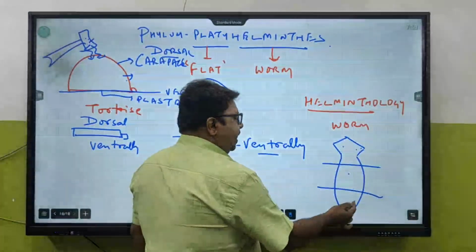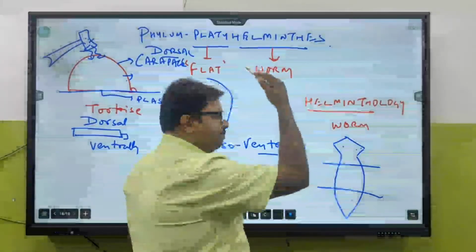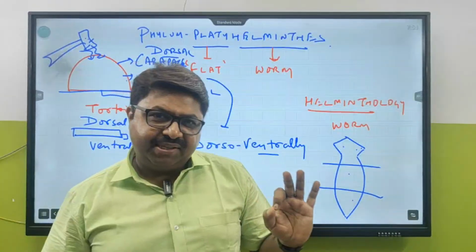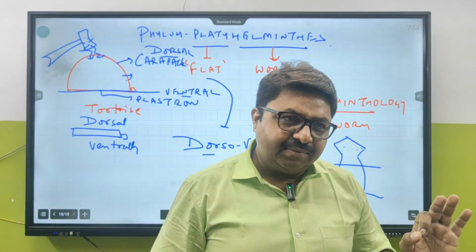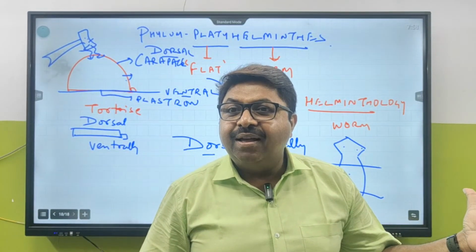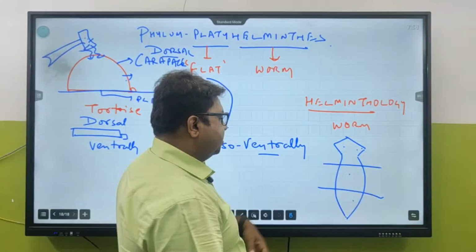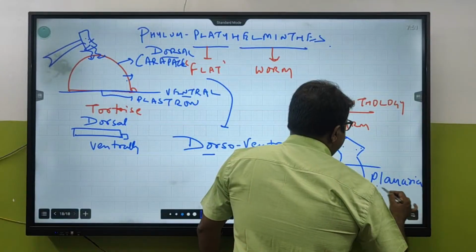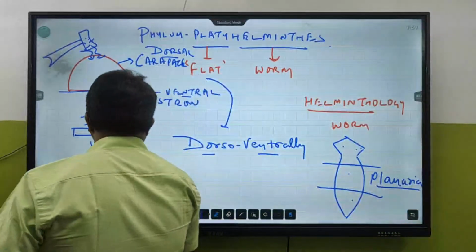This piece is going to make the upper 2 bodies, and this one is going to make the whole body. Planaria is a non-parasitic Platyhelminthes, and the best example of regeneration.